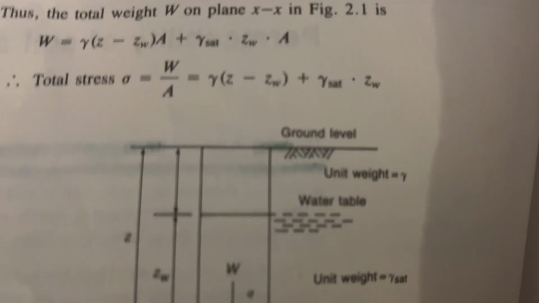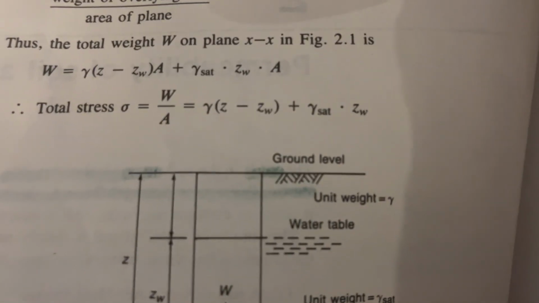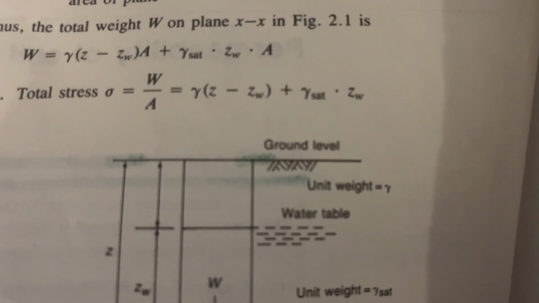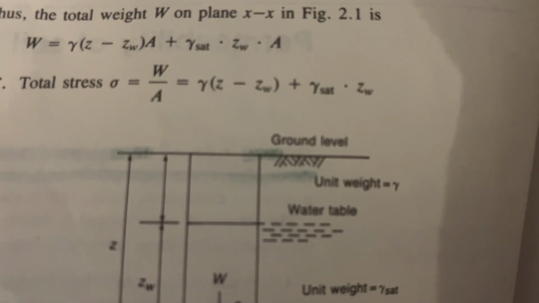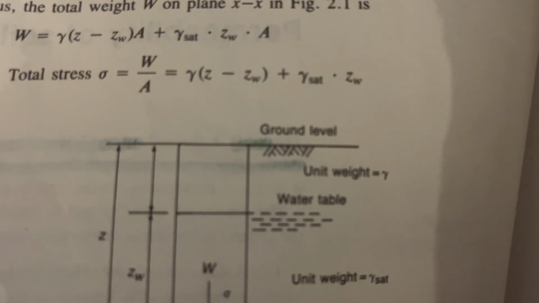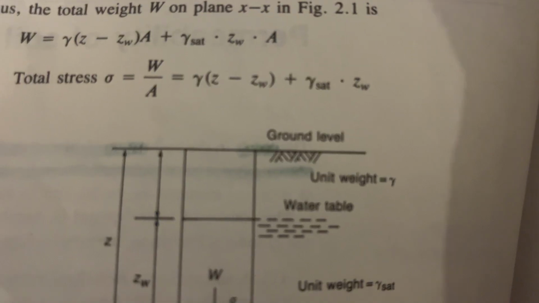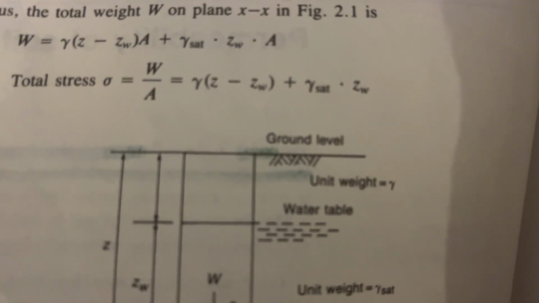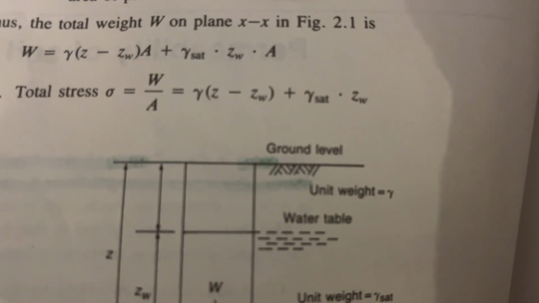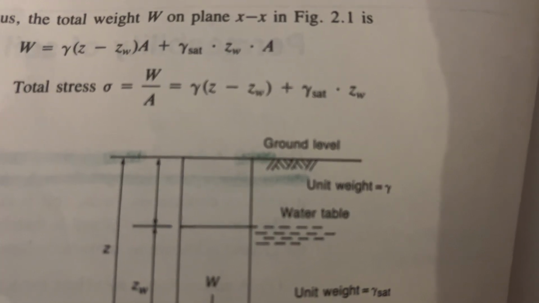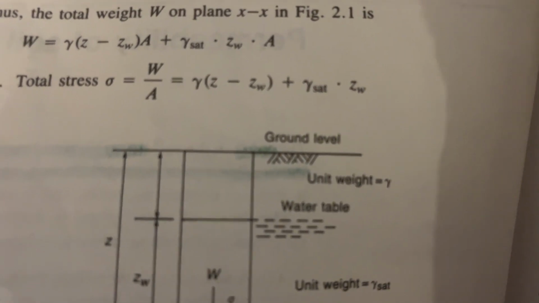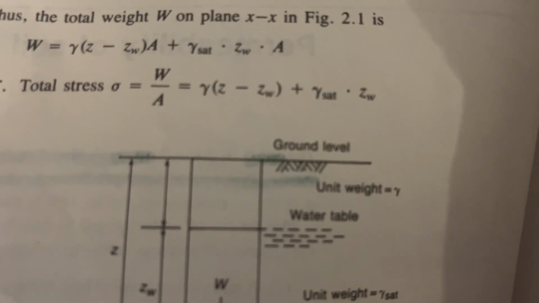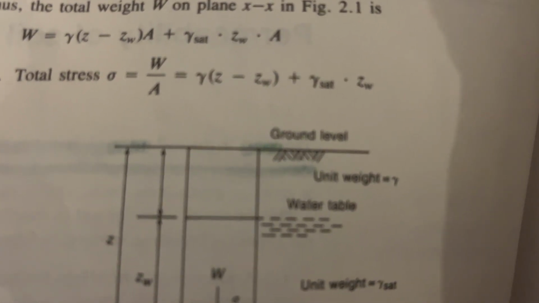So W equals the weight of the soil above the water table plus the weight of the soil and the water below the water table. Gamma sat is the weight of the soil and the water because it's saturated. So gamma sat must be more than 1,000 kilograms per meter cubed.